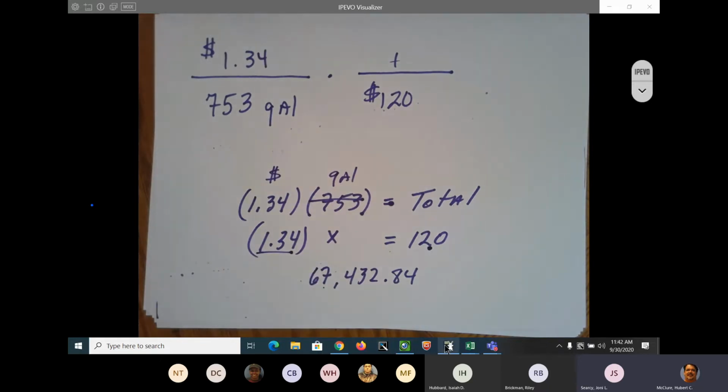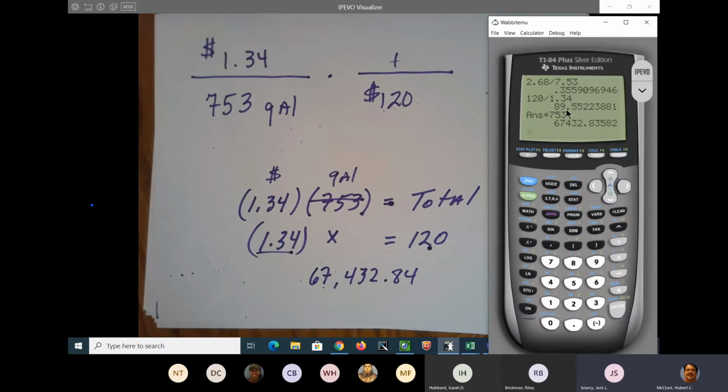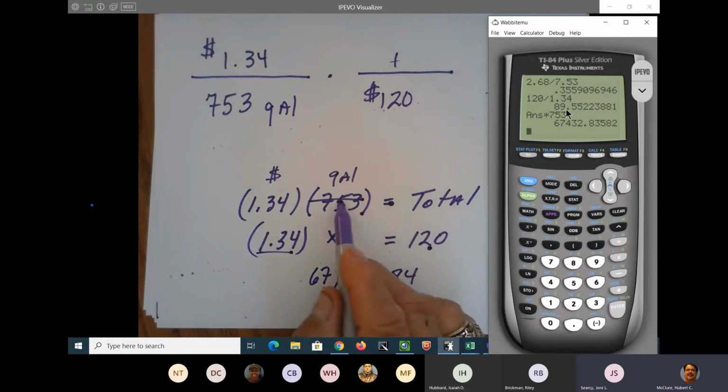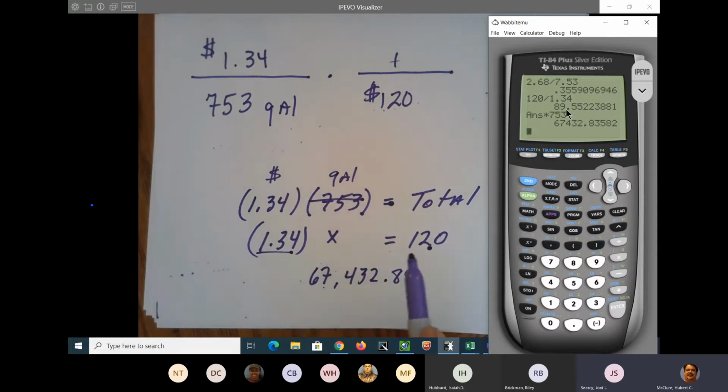Calculator, hold on. 89. $1.34 will go into 120 89 times. And I took that 89 and multiplied it by the gallons, and that's how many gallons we got.